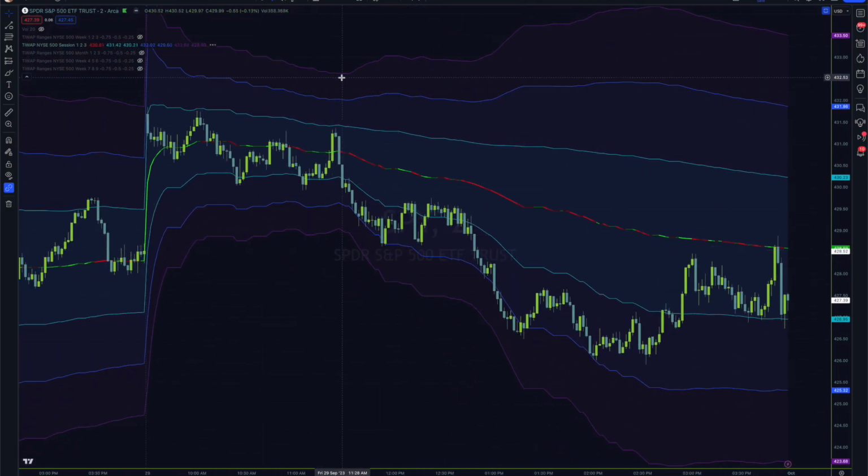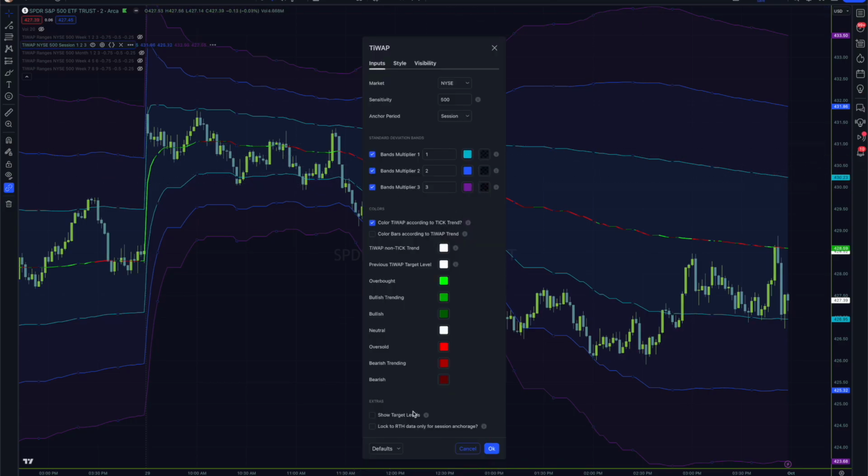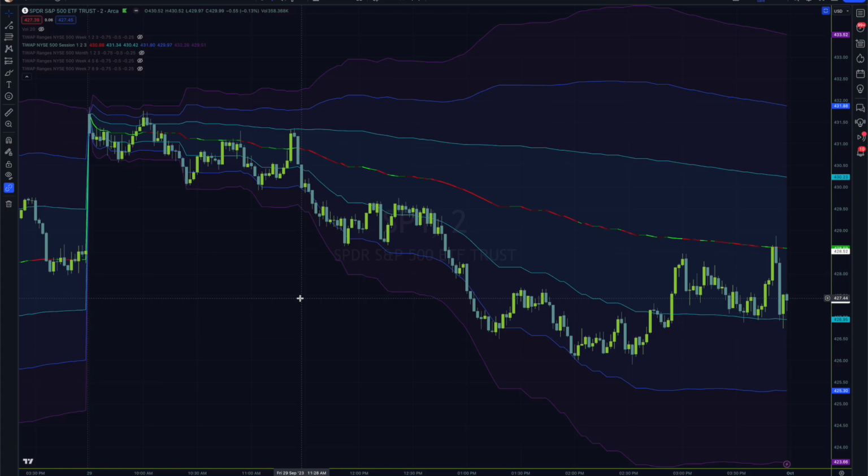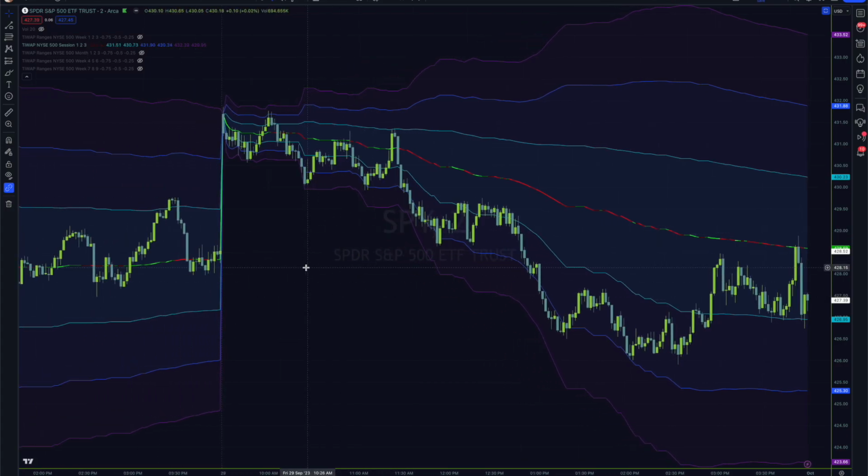As the day progresses, they expand and contract and move directionally up and down. I often have them locked to regular trading hours data only, and I often use the session anchorage period. Using these for my trading intraday and creating trade plans for the next day, I started to observe that price was reacting to these bands from the previous session.